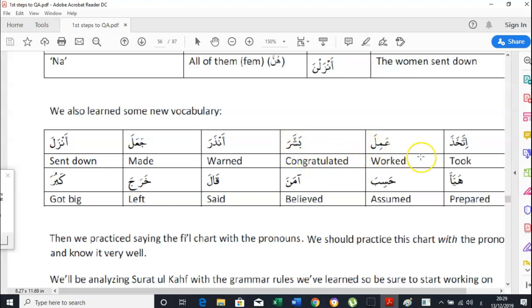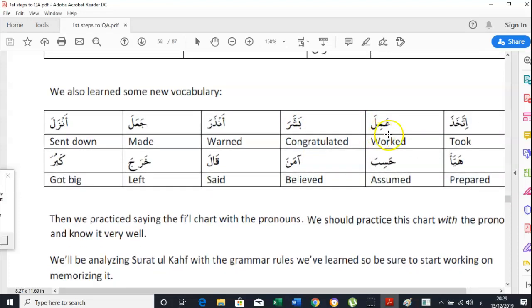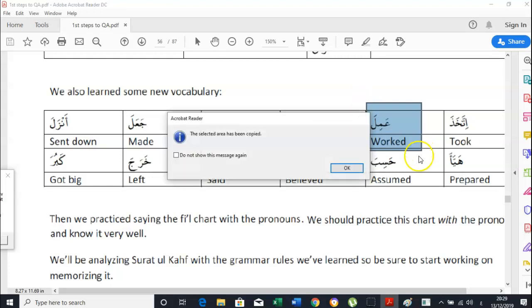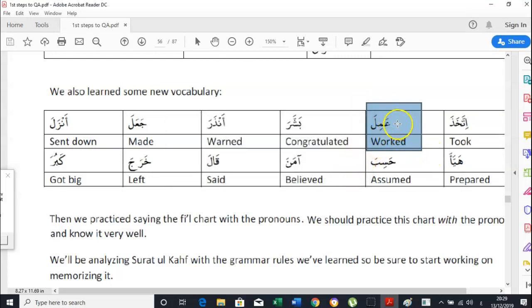Okay, let's do Amila. Worked. I worked. You've got a different word. Amila is the word. Say again. I worked. Amiltu, yeah. That's the ticket to sakin.